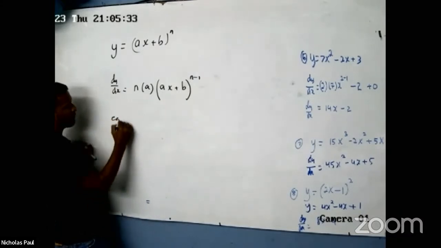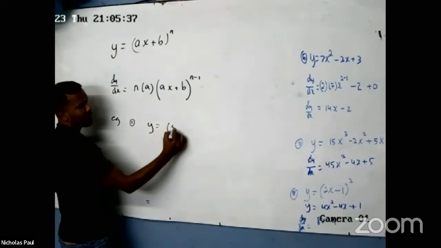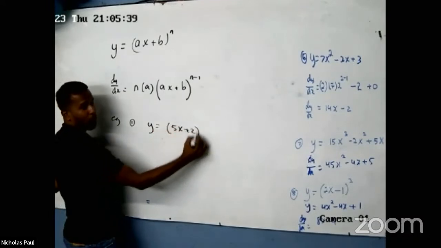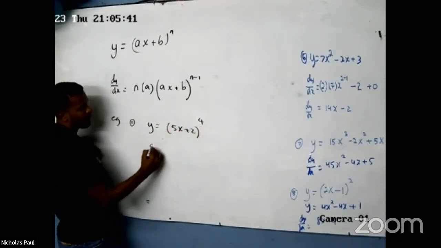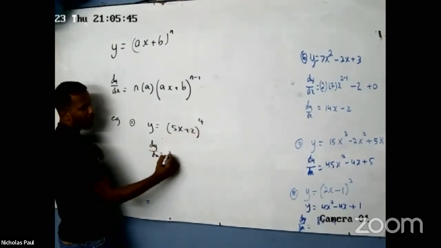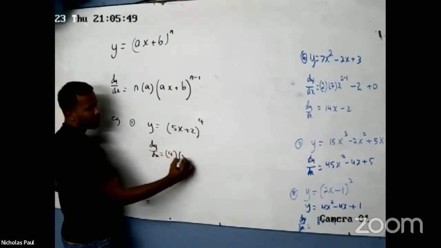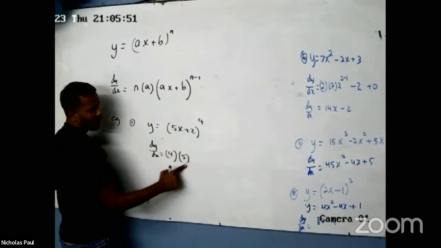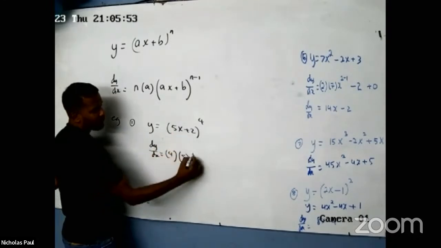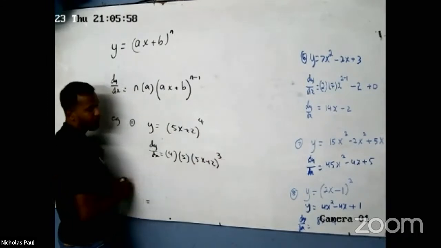For example, if I give you y is equal to (5x plus 2) all to the power of 4. You bring down the power, which is 4. You differentiate 5x plus 2, which is 5. You write back 5x plus 2, and then minus 1 from the power.